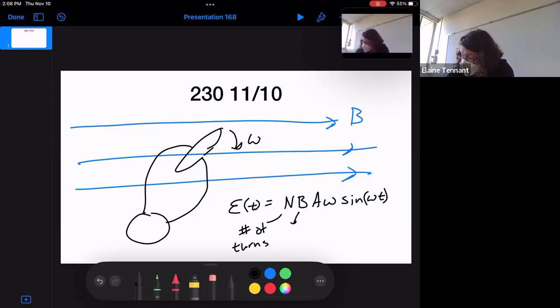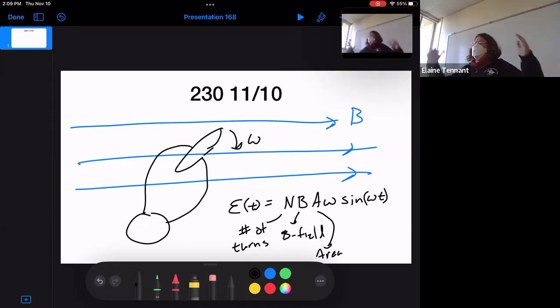Here's the magnetic field, B field. That's actually one of the harder things to mess with, because to make a magnetic field, you have to either get a really strong permanent magnet, which you have to dig out of the ground, or generate another current, which again takes energy. Area of the loop. Inconvenience, because you have to have enough space to house this loop, and the bigger the loop, the more mechanical issues you're going to run into.